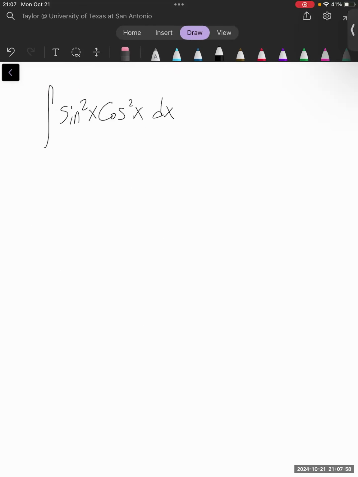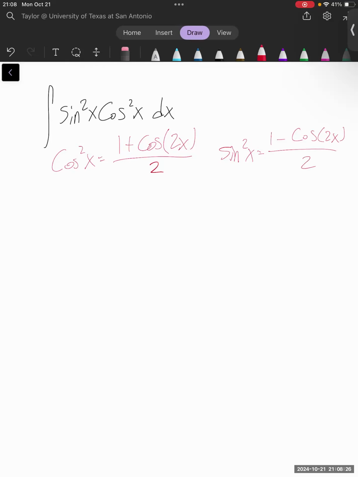Alrighty, the next example we're going to look at is the integral of sine squared x times cosine squared x. This time the two identities that we're going to be using are cosine squared x equals (1 plus cosine 2x) over 2, and sine squared x equals (1 minus cosine 2x) over 2.